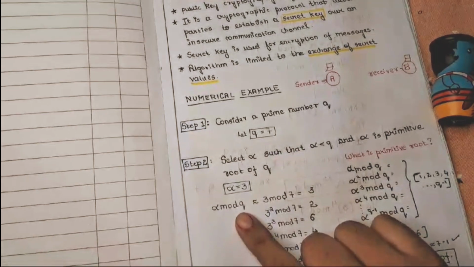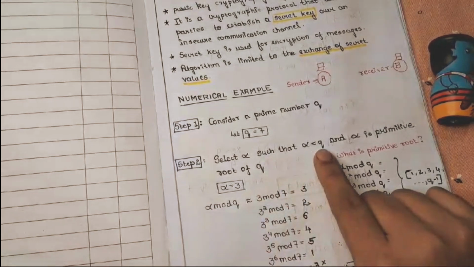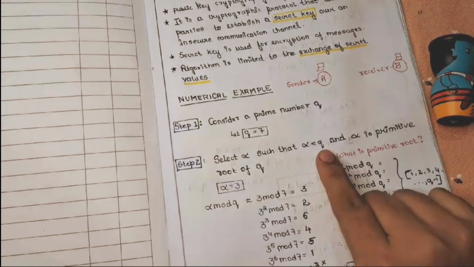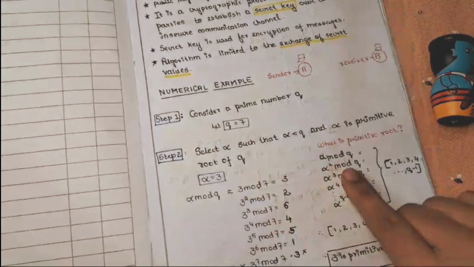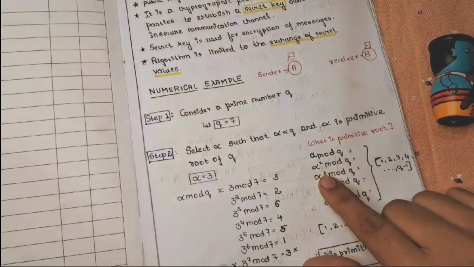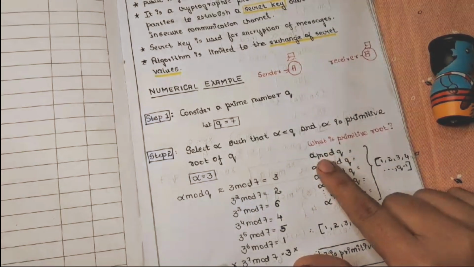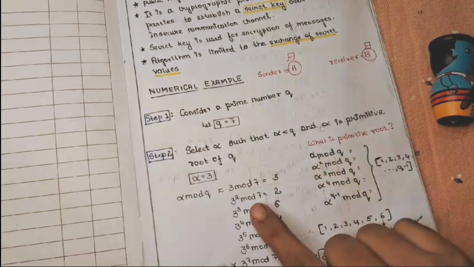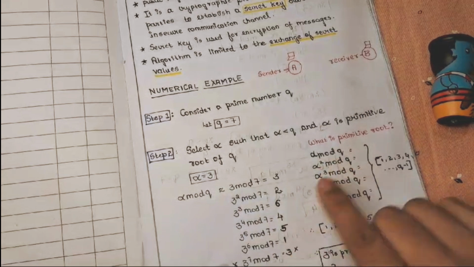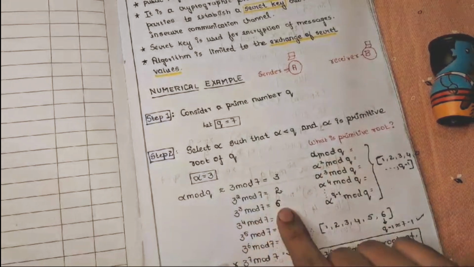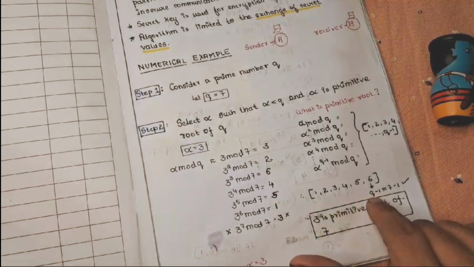In the second step, we choose an alpha which is less than Q, that is, a number less than 7, and alpha must be a primitive root of Q. So what is a primitive root? Let us consider 3. 3 mod 7, 3 squared mod 7, 3 cubed mod 7, all these values must come from the set 1, 2, 3 up to Q minus 1.